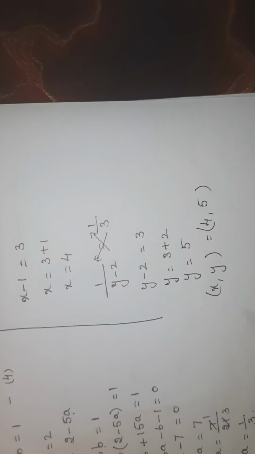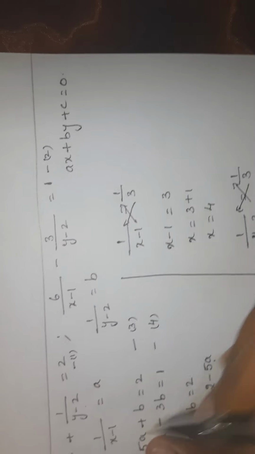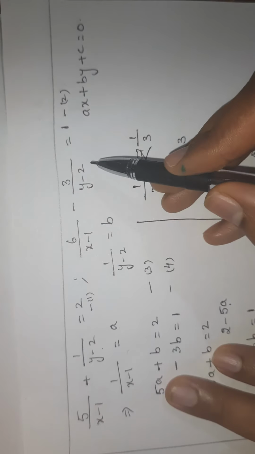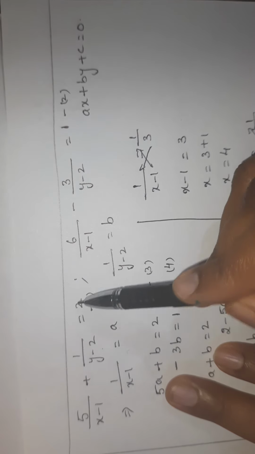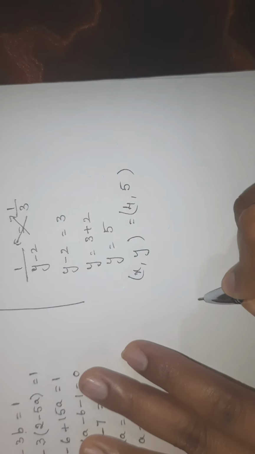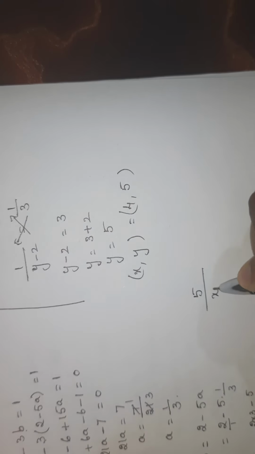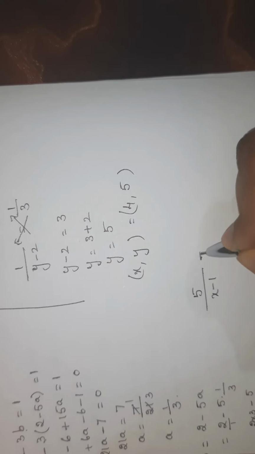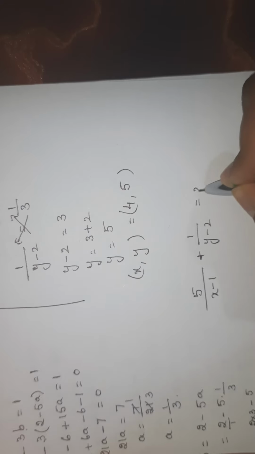Whether the solution is correct or not, if you want to recheck, take any one of these equations and substitute the x and y values, and if both sides are equal, then it is correct. So let us check with the first equation. What is the first equation? 5 by x minus 1 plus 1 by y minus 2 is equal to 2.